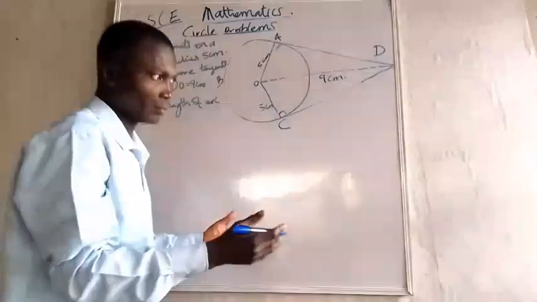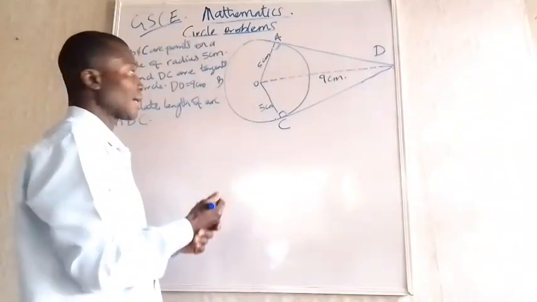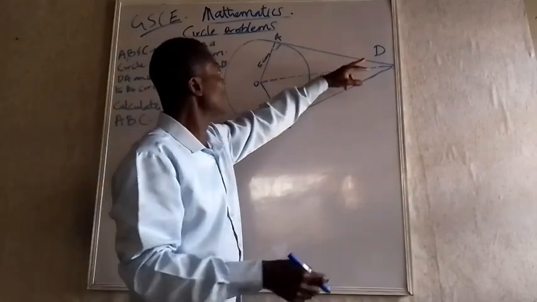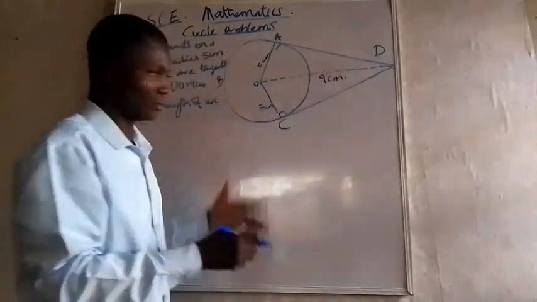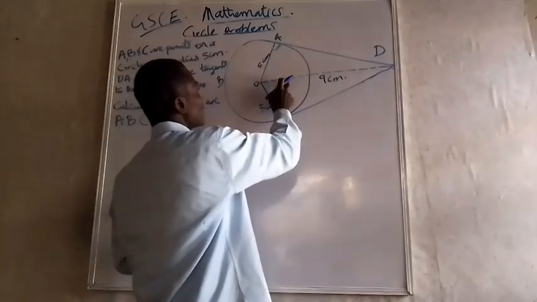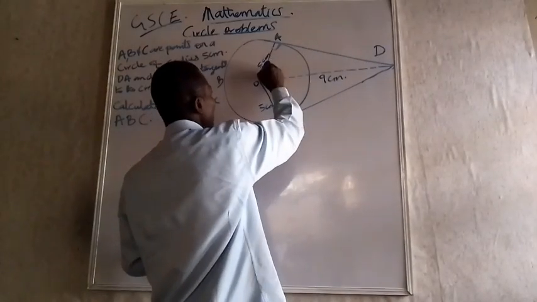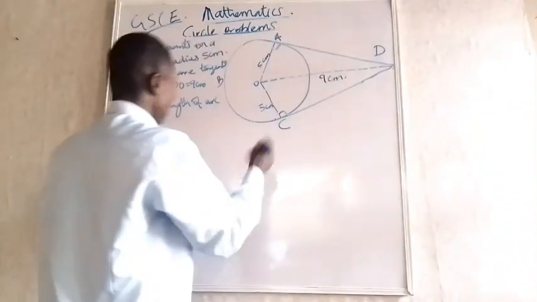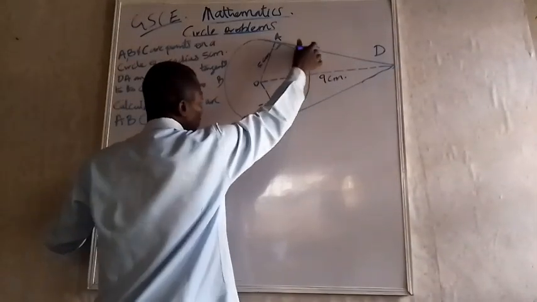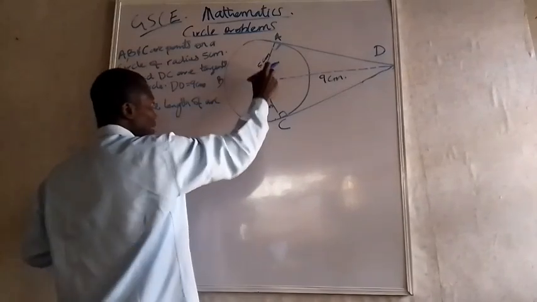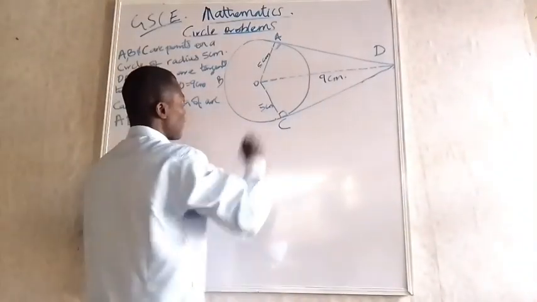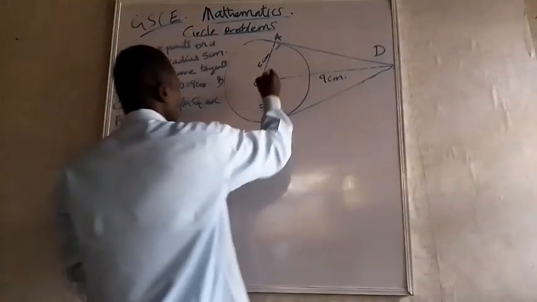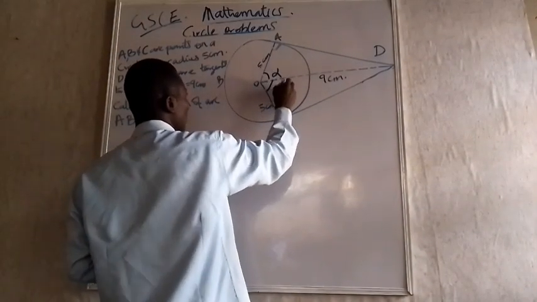So we have congruent triangles DAO and DCO. Simple. So with this, we can find the angle here and the angle here. They are congruent, which means this angle and this one will be equal. Alpha.